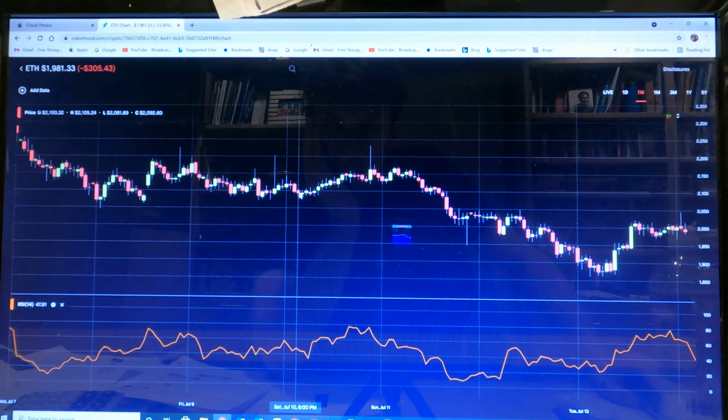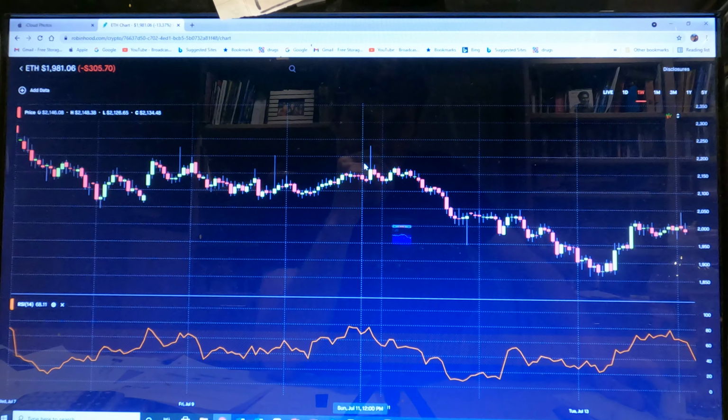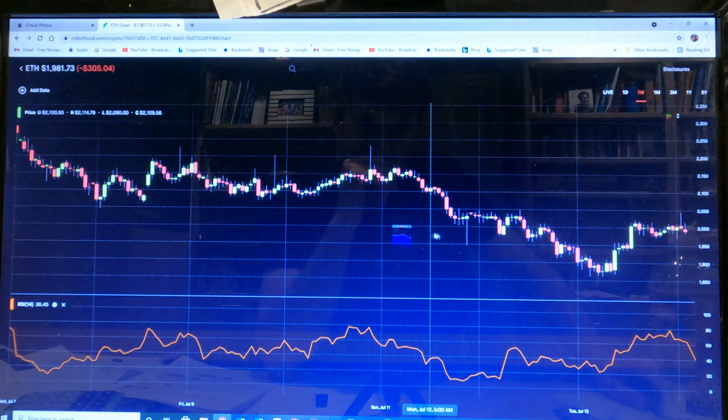And these greens are the people buying and the pinks are selling, right? And then we have these long sticks, sometimes up or down, or sometimes short or squished candlesticks. And I'm not a pro on the candlesticks. We're going to learn this together.